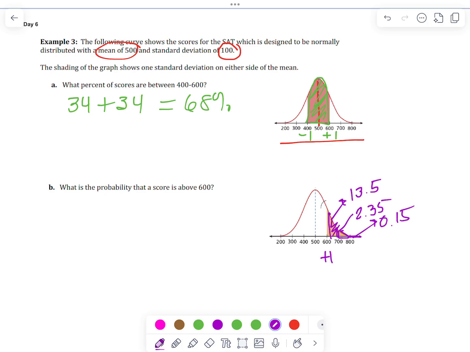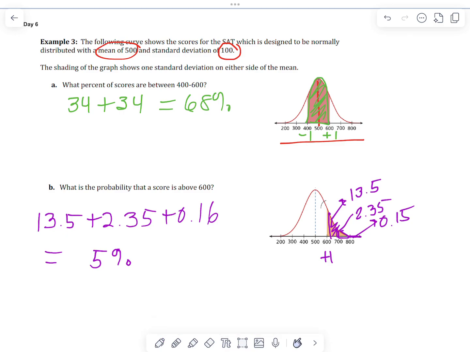So we add up those numbers. And we get about 5%. Sorry, 16%. Oh my gosh.